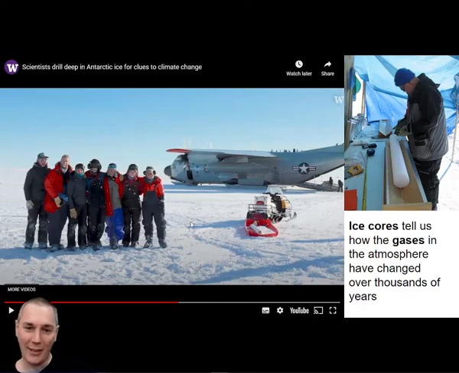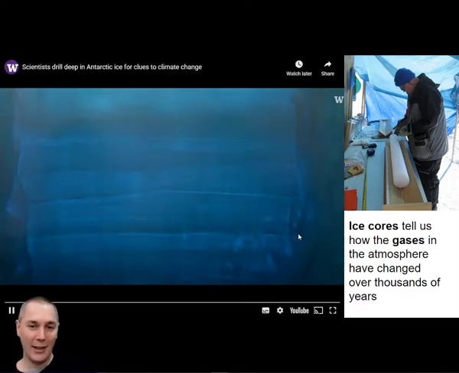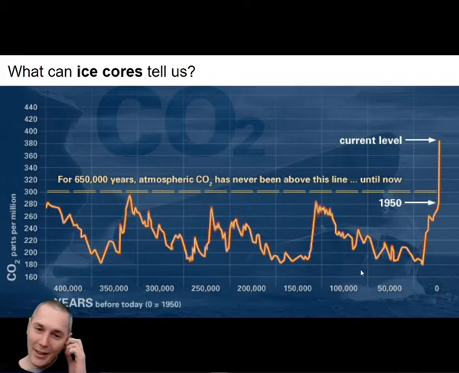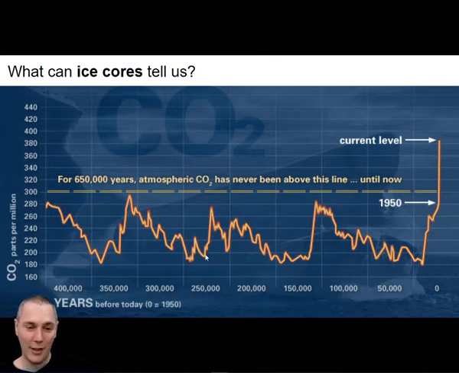And by looking at those ice cores, here's the results. They've been able to see that the air that is trapped in ice from hundreds of thousands of years ago had less carbon dioxide in terms of parts per million than it does today.